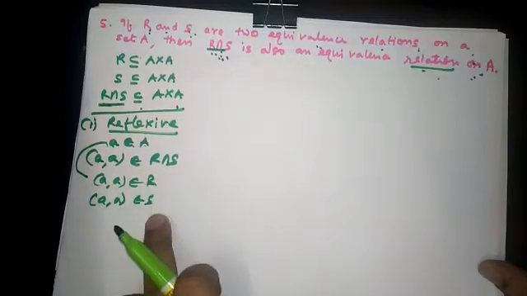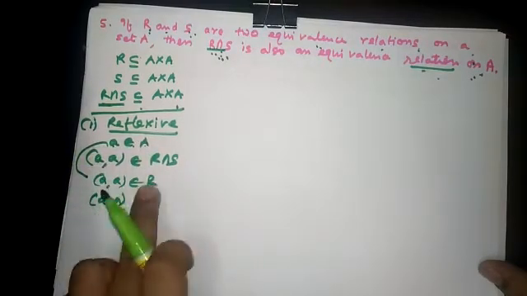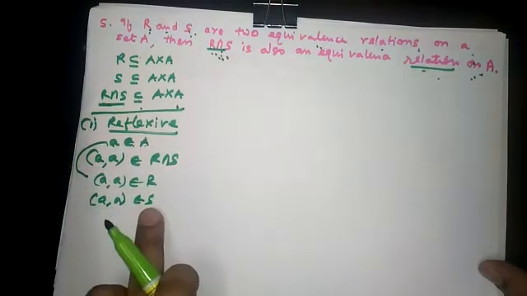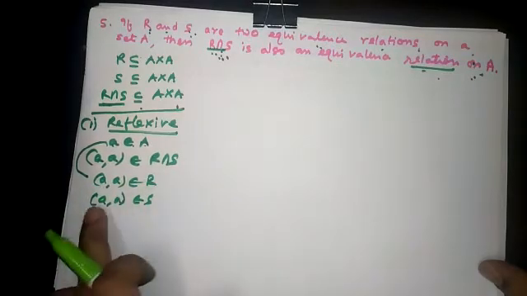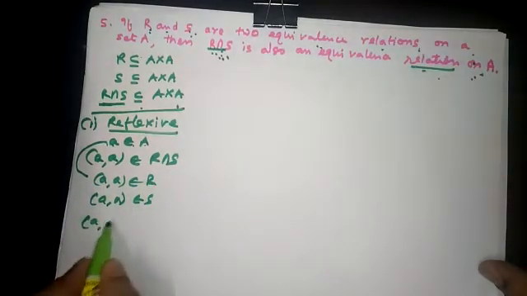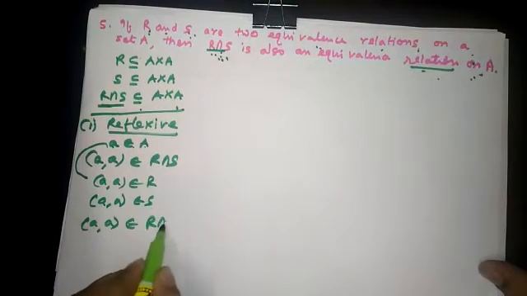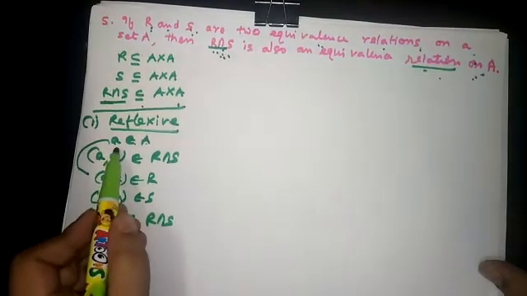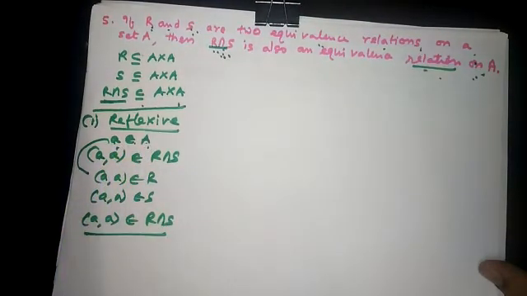So (a, a) belongs to R and (a, a) belongs to S, which means the ordered pair (a, a) belongs to R intersection S. Meaning R intersection S is reflexive.